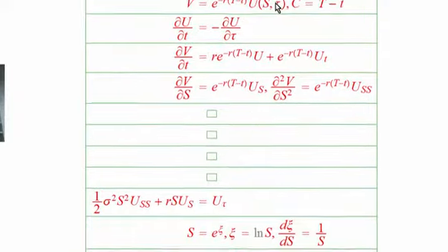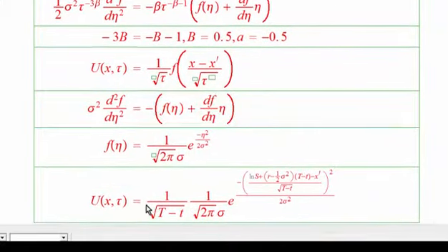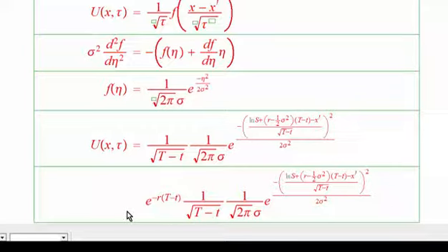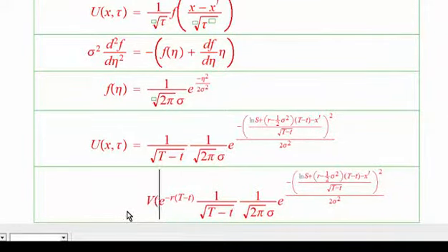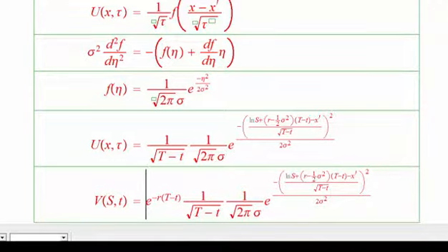And then I would have what u is. What do I do with u? Oh, once I have u in terms of the stock and time, I just need to multiply it by time value of money. And that's V as a function of stock and time.